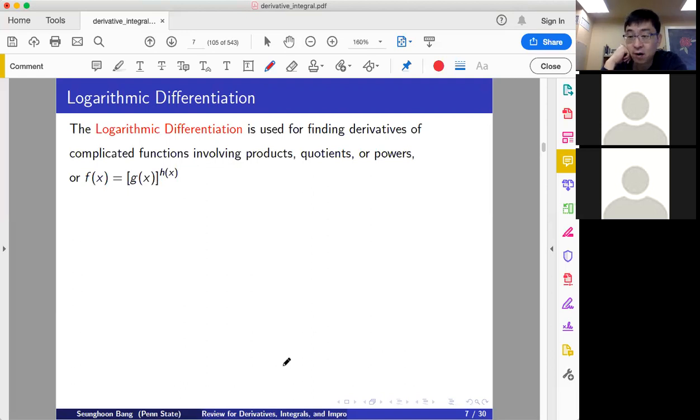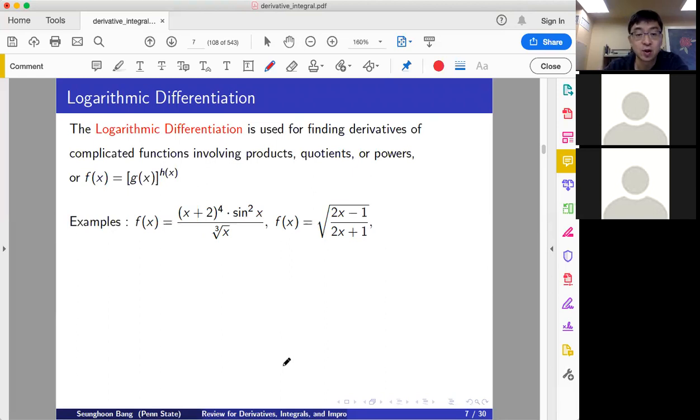The base is a function, the power is a function. We can use logarithmic differentiation. So examples: f of x equals (x plus 2) to the 4 times sine squared of x over the cube root of x. f of x equals the square root of (2x minus 1) over (2x plus 1).